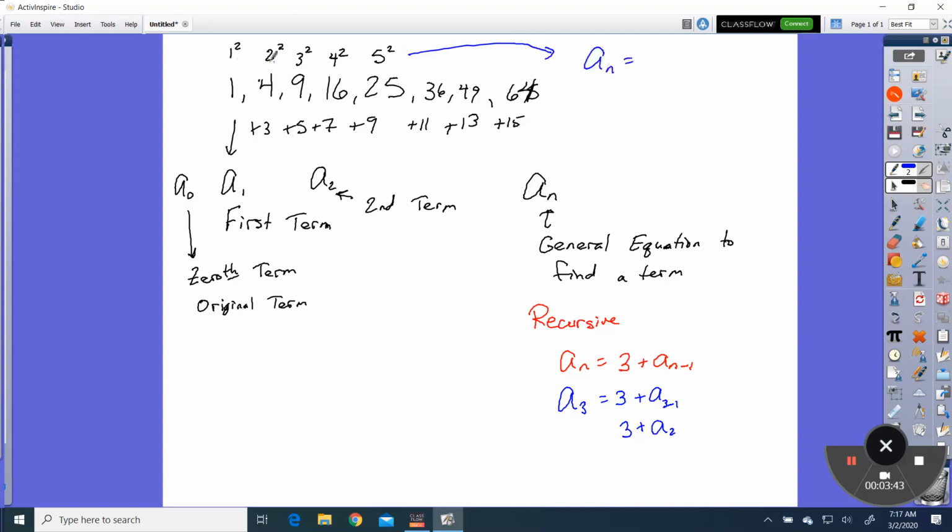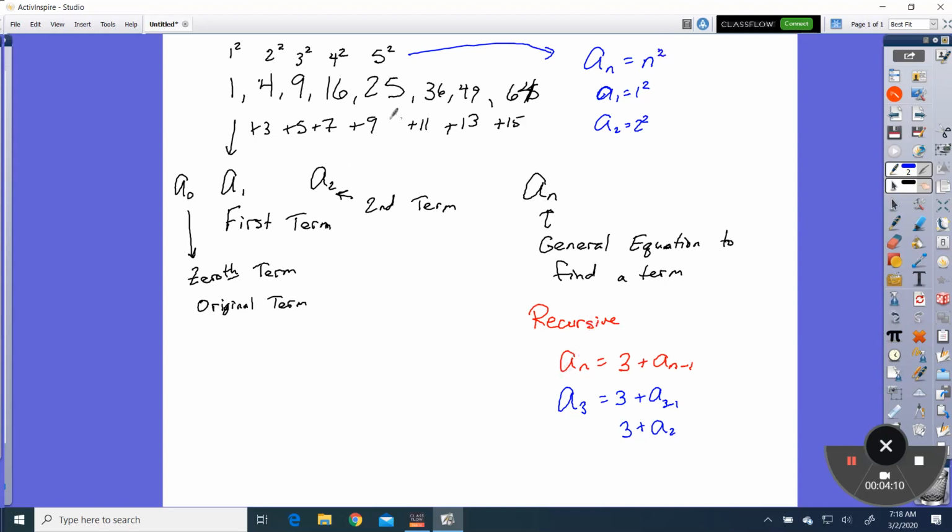So see how this is 1, 2, 3, 4, 5. This is my first term, second term, third term, fourth term. The formula for this would be like A1 was just 1 squared, right? A2 was 2 squared. So in this case, An equals n squared.